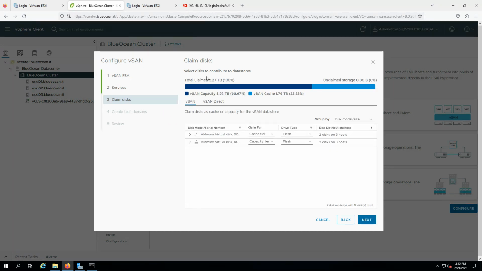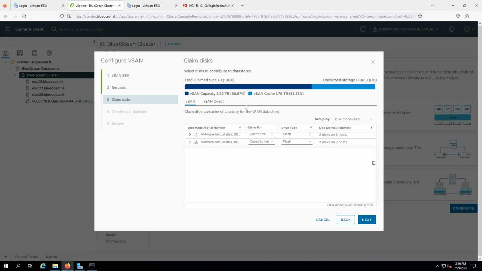Okay. And for the disk, you have to have the cache tier. You should have the capacity tier. So I always say tier, but sorry, I always say tier, but the right pronunciation is tier. Okay. So for the vSAN, you should have the cache tier, and you should have the capacity tier.